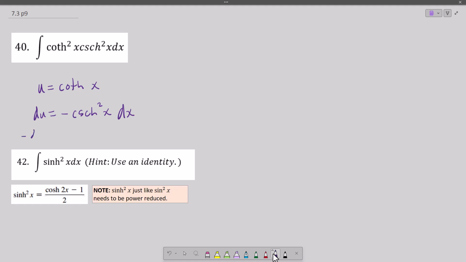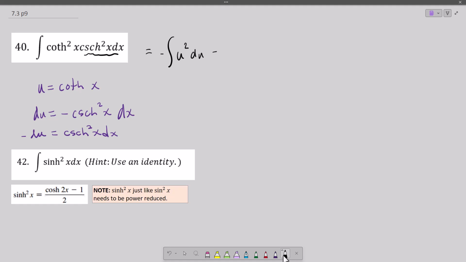We can move that minus to the left, and we'll have cosec squared of x dx is equal to minus du. Okay, so this will be u squared, and then cosec squared of x dx, that's all negative du.